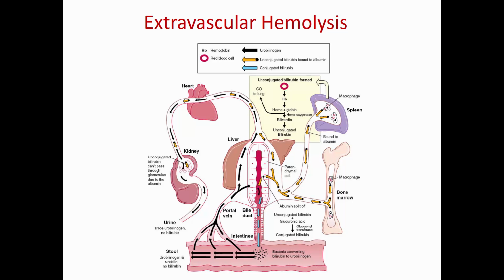Still, we are in the macrophages. Biliverdin is going to be converted to bilirubin. Okay? Now, bilirubin is ready to go out of the macrophage and travel all the way to the liver.